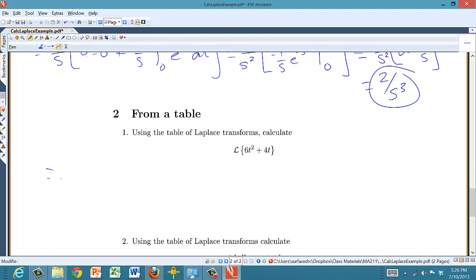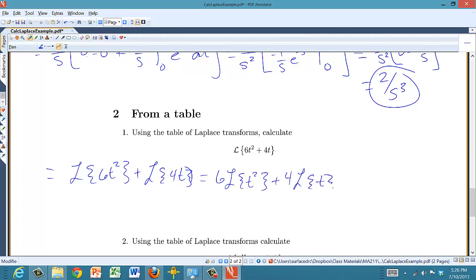So we know that this Laplace transform is linear. So this is the Laplace transform of 6t squared plus the Laplace transform of 4t. Okay, and that's the same thing as 6 times the Laplace transform of t squared plus 4 times the Laplace transform of t.